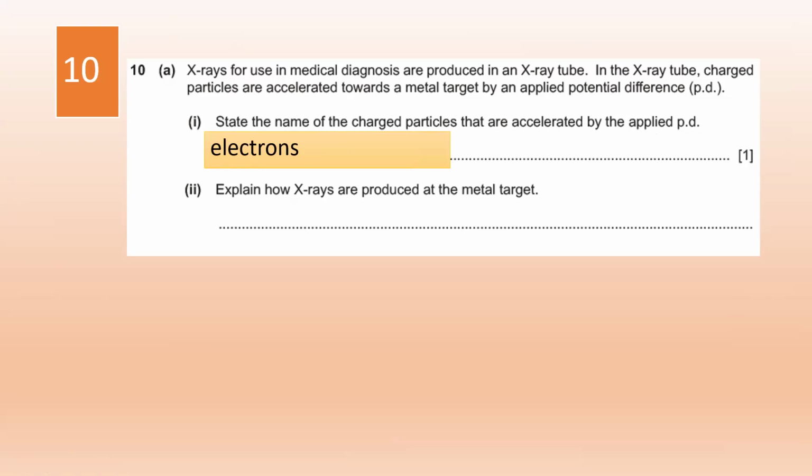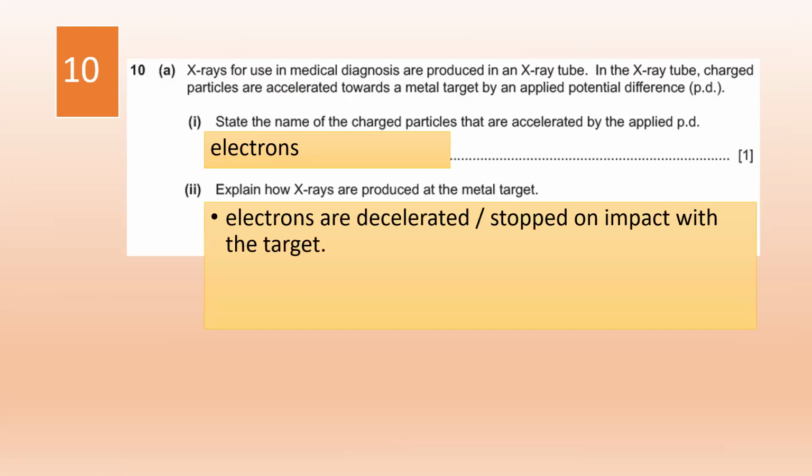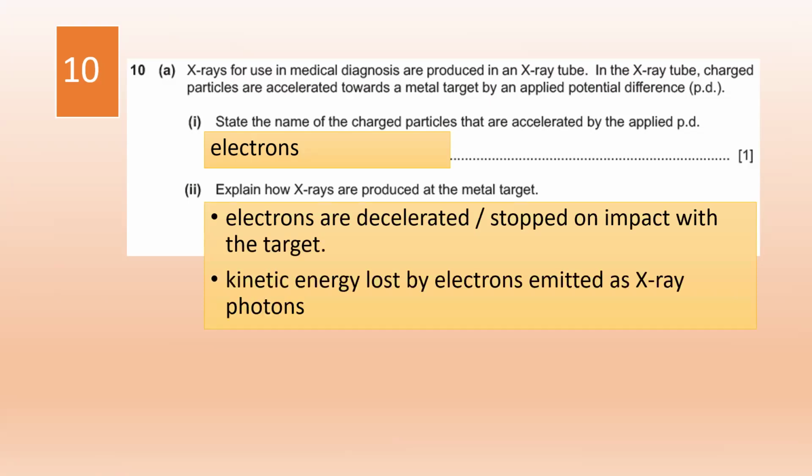Explain how X-rays are produced at the metal target. When the fast moving electrons hit the metal target, they are decelerated rapidly. Electrons are decelerated on impact with the target.